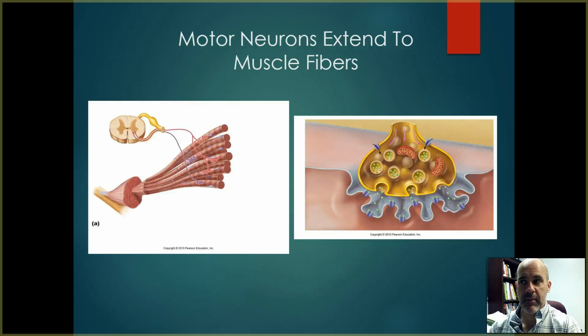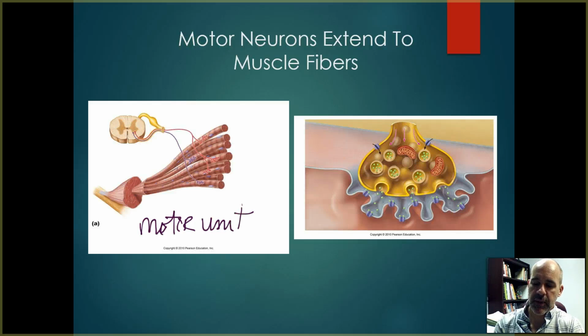All right, and you may remember there's a term for a motor neuron and all of the muscle fibers that it controls. Remember that? That's called a motor unit. That came a little bit later in Unit 4, but that's an important term to remember as well. A motor unit is a single motor neuron and all of the muscle fibers that it controls, that it's going to be sending impulses to.